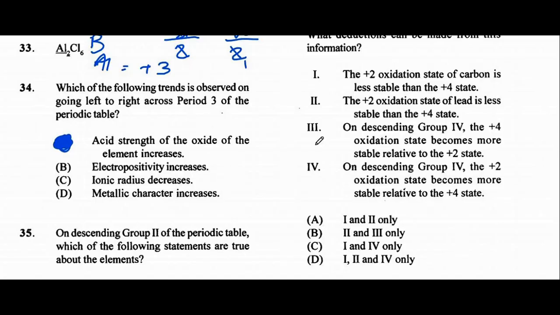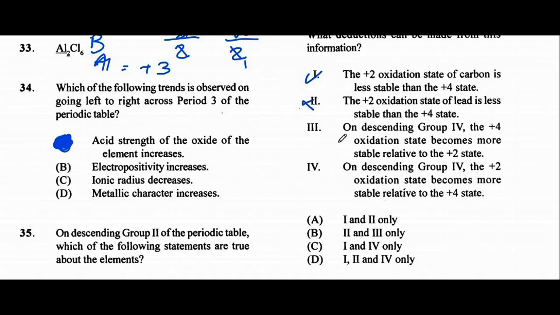The 2+ oxidation state of carbon is less stable than the 4+ oxidation state. Yes. The 2+ oxidation state of lead is less stable than the 4+. If this is true, this can't be true.